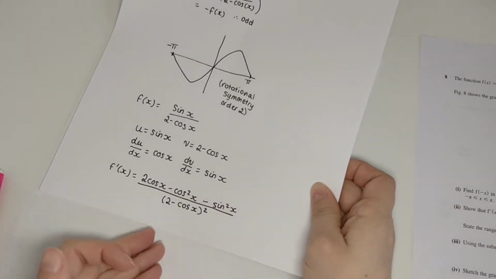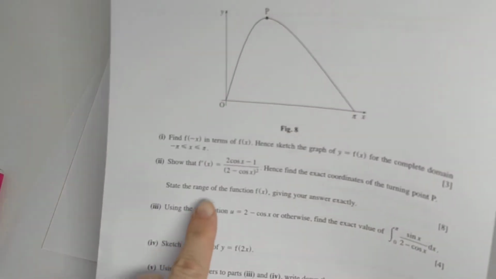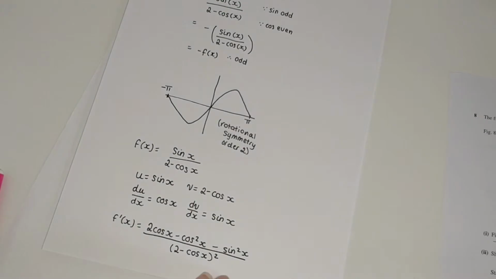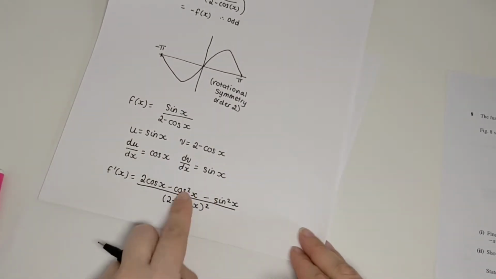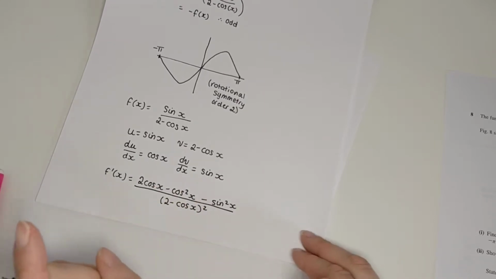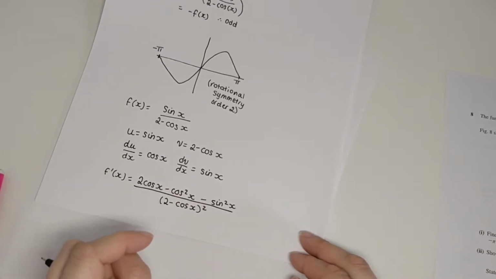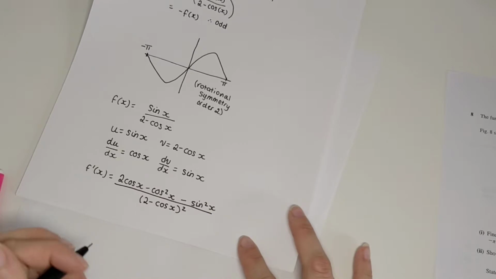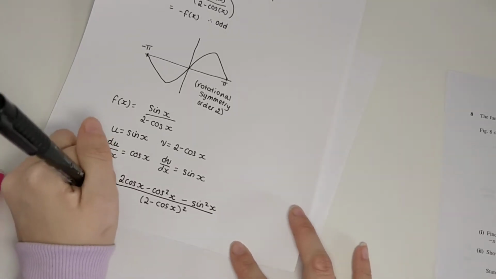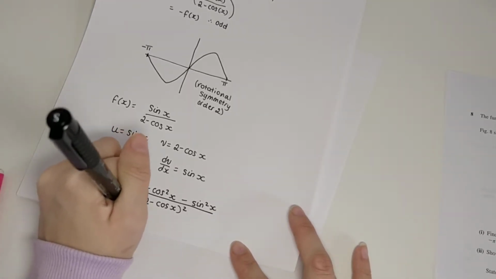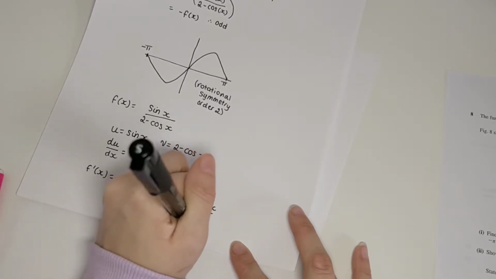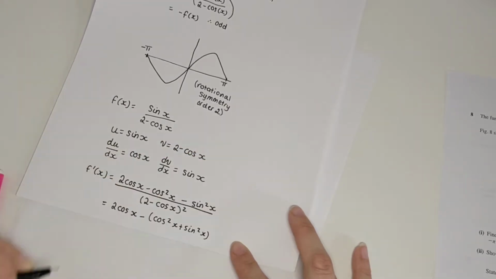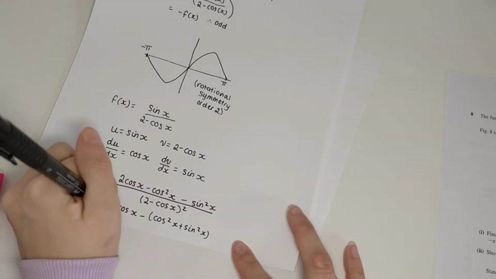at the moment. I'm not going to expand it because in their answer they haven't expanded it. But I am going to simplify this because I've noticed a cos squared and a sine squared. And I know cos squared plus sine squared equals 1. So I could actually write this as 2 cos x minus cos squared x plus sine squared x, like that, if I put that in a bracket.